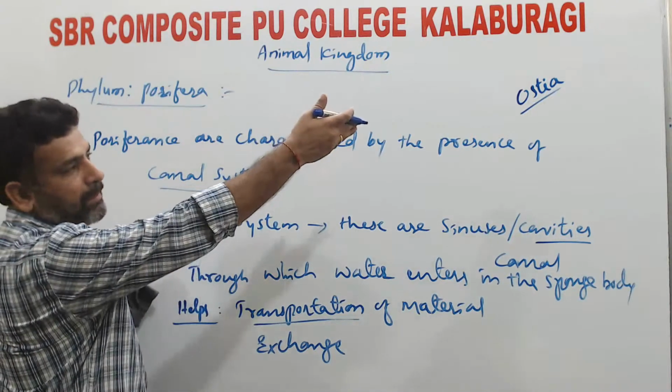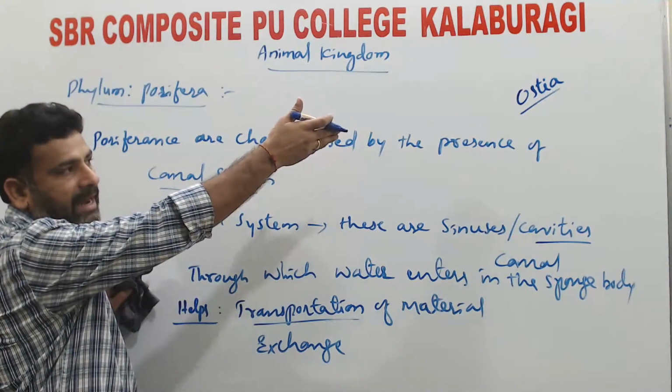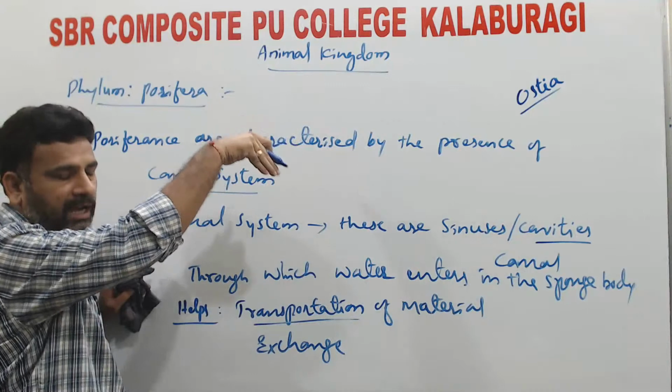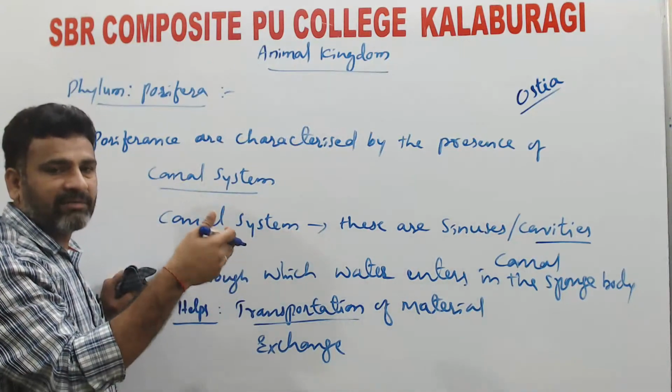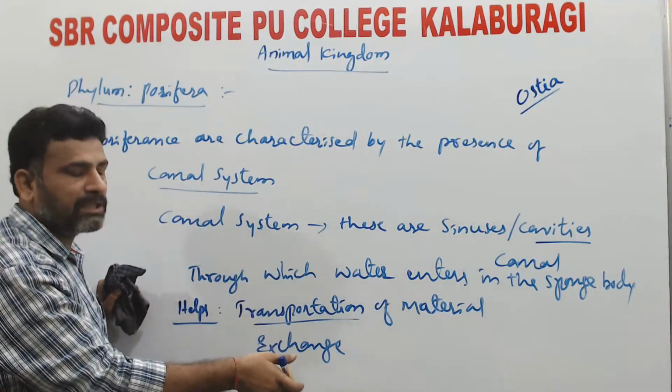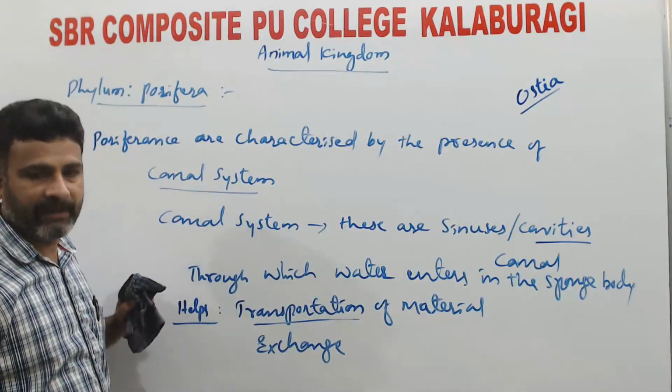Through the minute pores called ostia, water enters the radial canal as well as the transverse canal, and they in turn open to the spongocoel cavity.